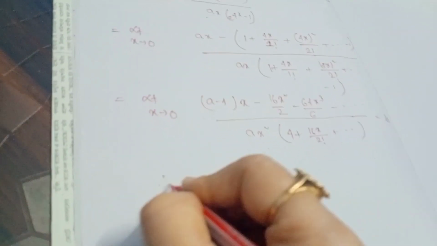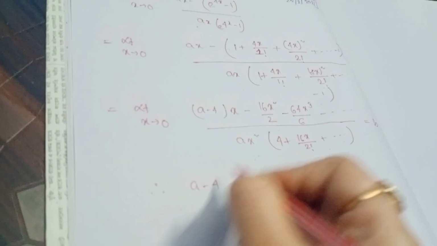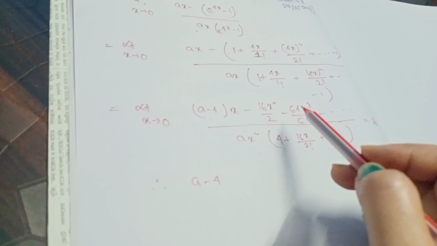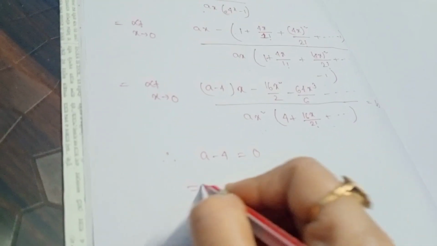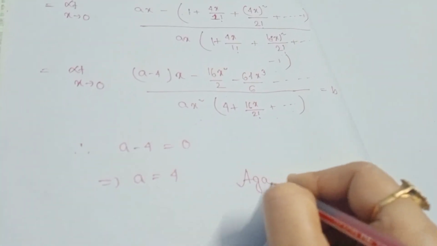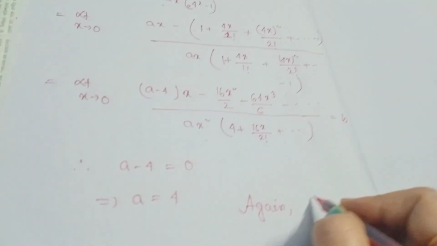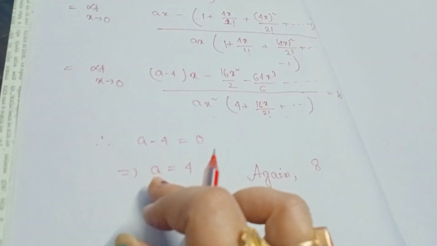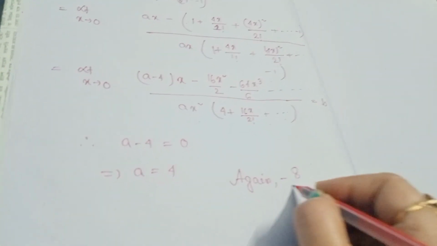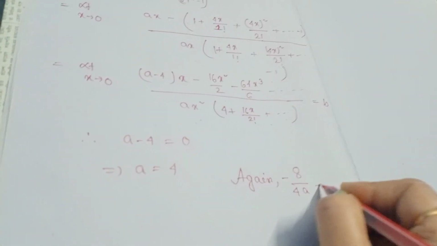So here a minus 4 must be 0 as the limit exists. So a minus 4 is equal to 0, that implies a is equal to 4. Again, if we put a minus 4 equal to 0, then minus 8 divided by 4a is equal to b.